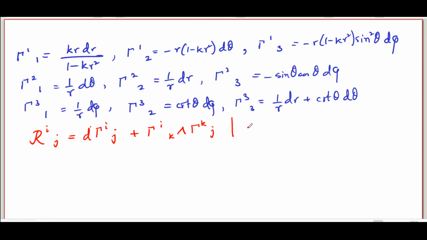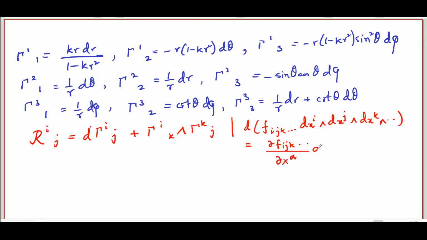In general, if you have a form f_ijk dx^i wedge dx^j wedge dx^k, what you need to do is simply partially differentiate the f_ijk. These are just functions, so their exterior derivative is the same as a standard partial derivative, not really partial, total derivative. So ∂/∂x^alpha, then you put in dx^alpha.